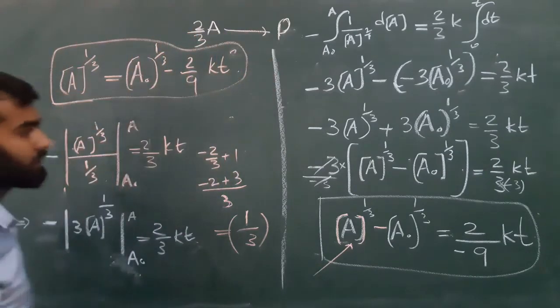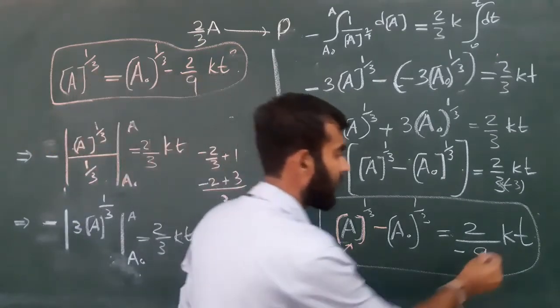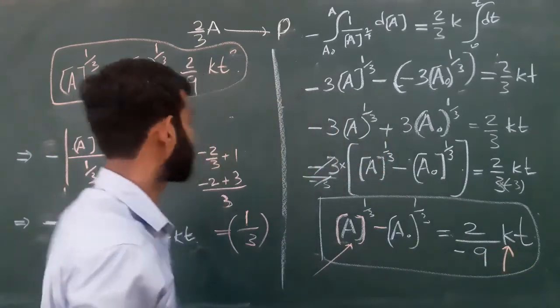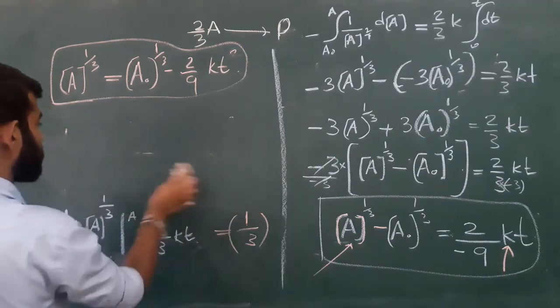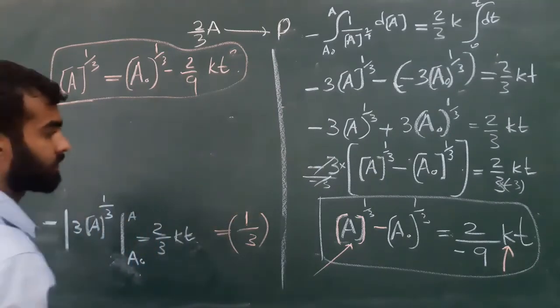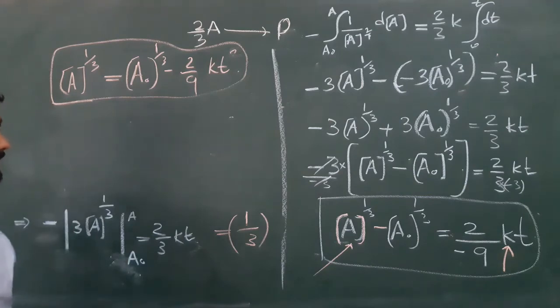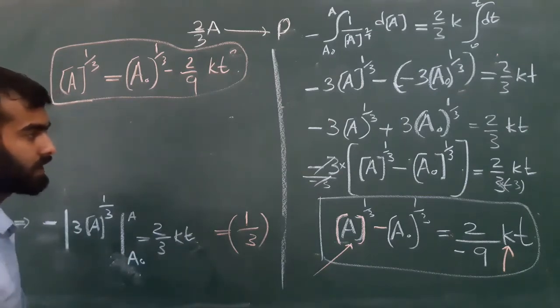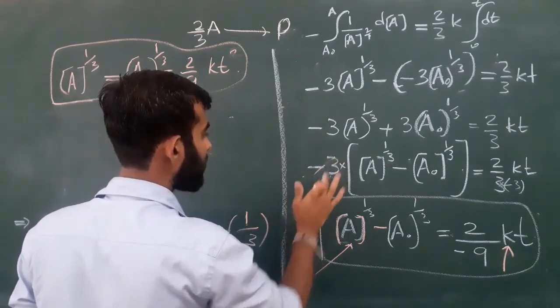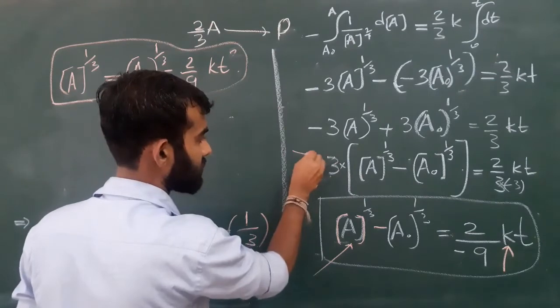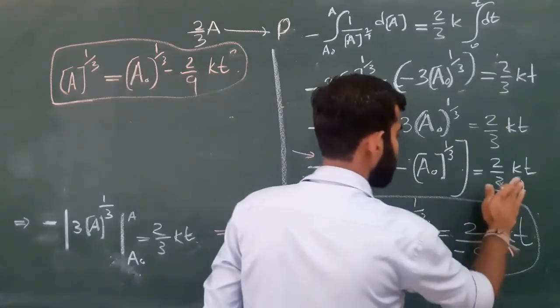At the same time, they will ask expression for K, rate constant. How can we write that? K, it is very easy if we derive that from this equation. Okay.